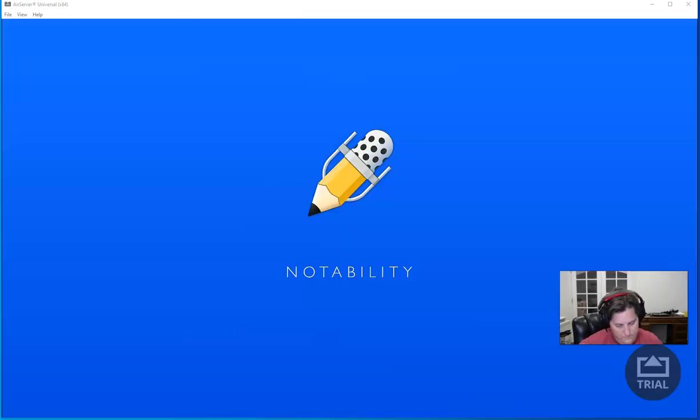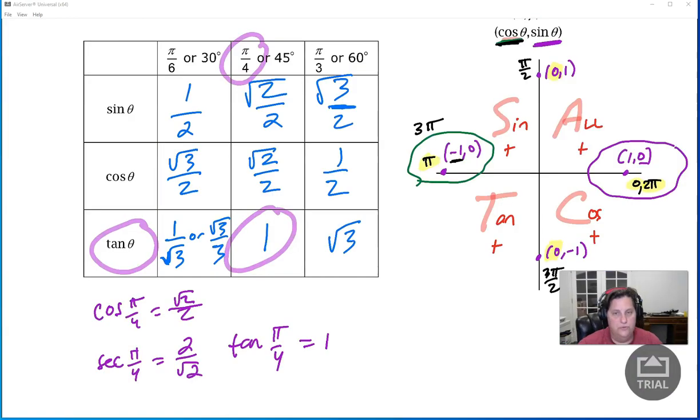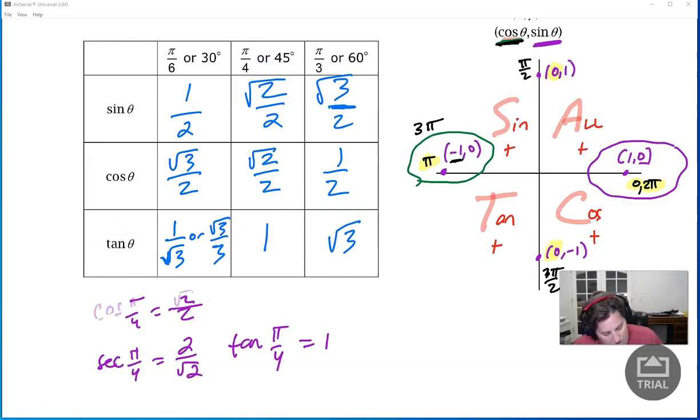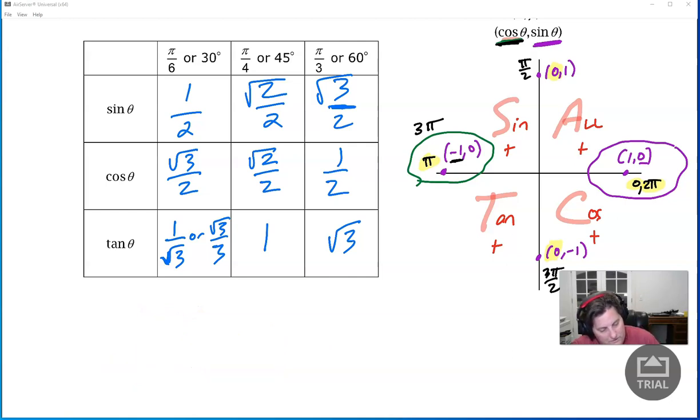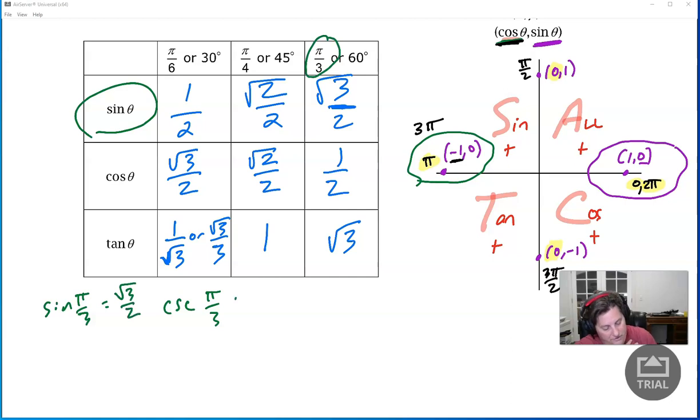Okay, back we go to the chart. Well, before I can find cosecant of pi over 3, I need to know what sine of pi over 3 is. From my chart, sine of pi over 3 is rad 3 over 2. So cosecant would be 2 over rad 3.